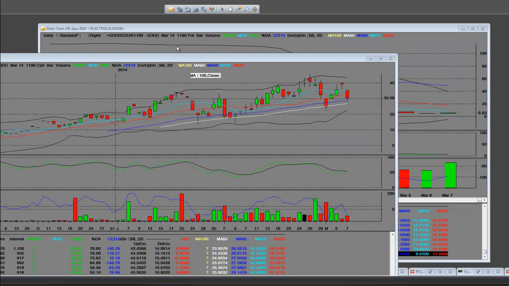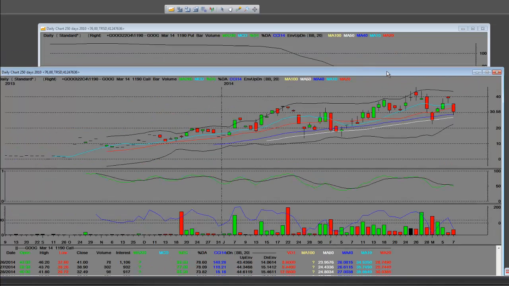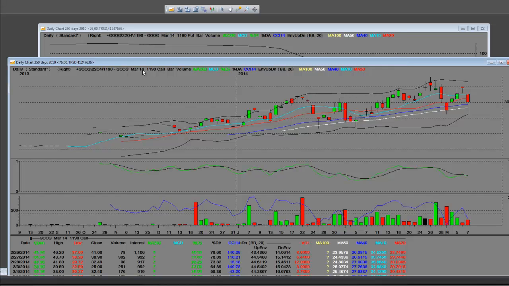Right now, I'm pulling up the 1190 put on Google. The last pullback on that intraday low on Google, the stock itself was 1192. Now, we also are going to show the in the money 1190 call.